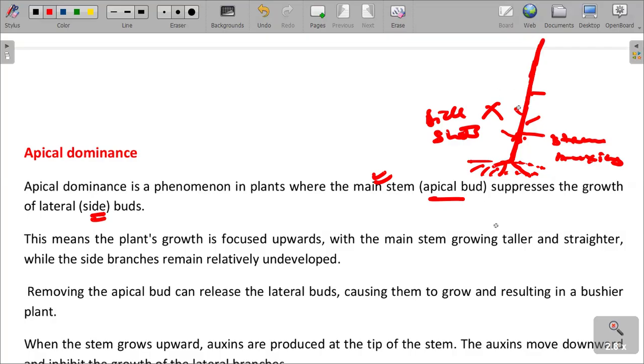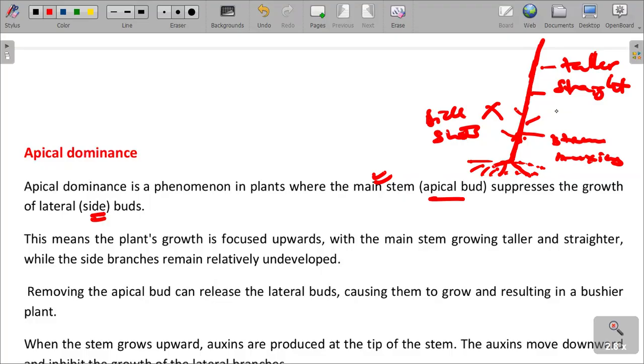So we need to understand that the main stem grows taller. It keeps on growing taller. Now it is taller and it is straight. This is what we are referring to.